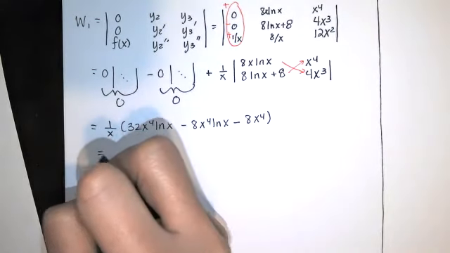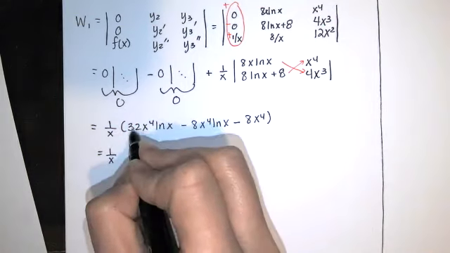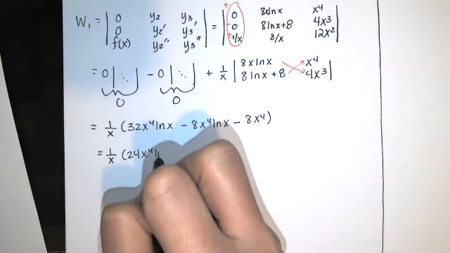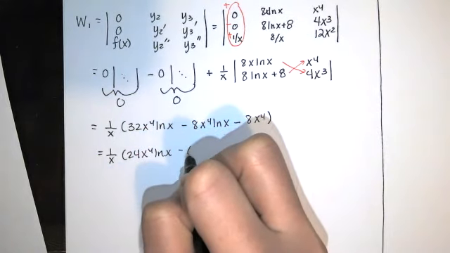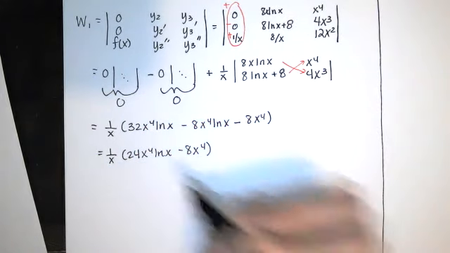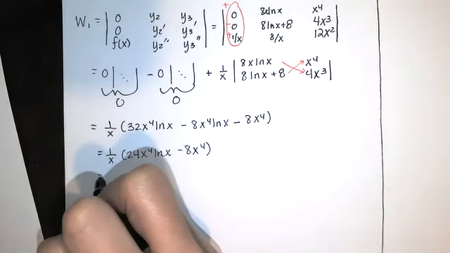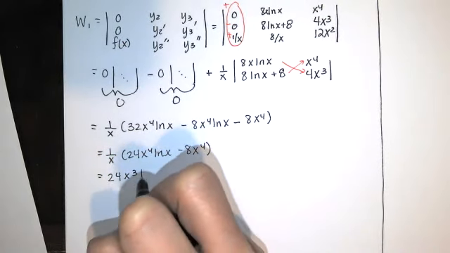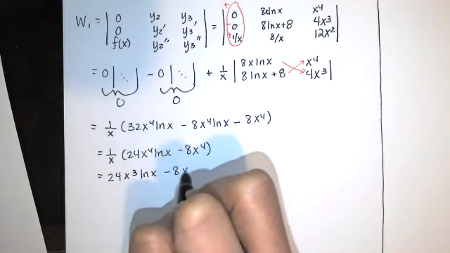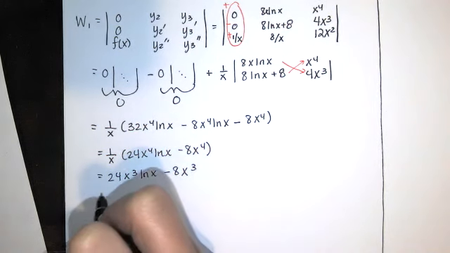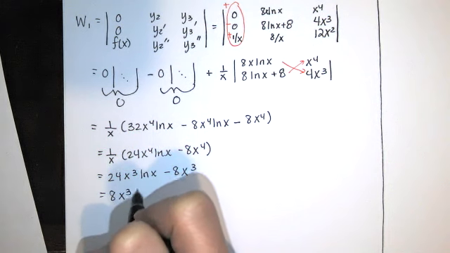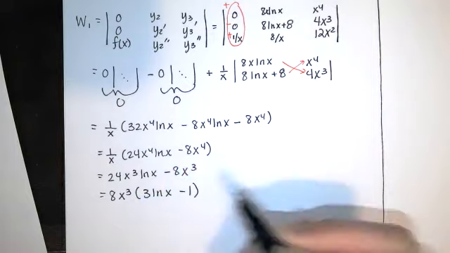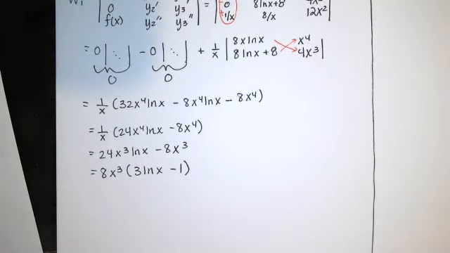And then, of course, we've got 32 of these, and we're subtracting 8 of them, so that means we have 24 of them. And we are dividing that by x, so the powers of x will go down by 1. And if you want, you can factor out an 8x cubed. And that's what we get.